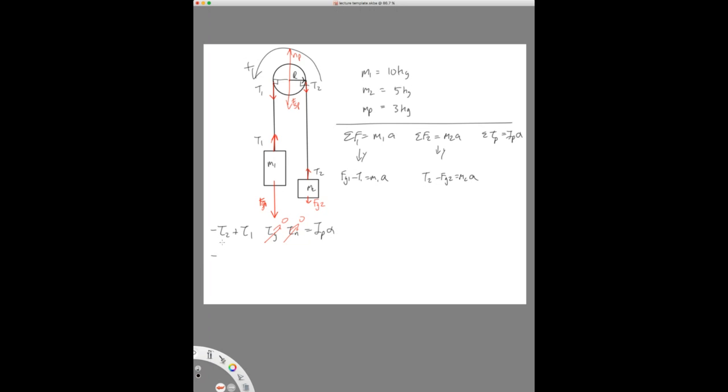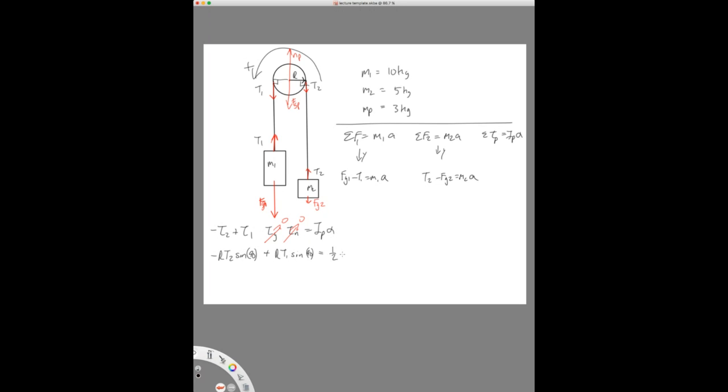So the torque for tension 2 is going to be R times T2 times sine of 90. And for tension 1, it will be R times T1 sine of 90. Generally, a pulley is a disk, so I'll use the moment of inertia for a disk.